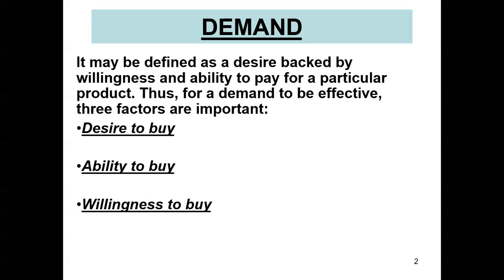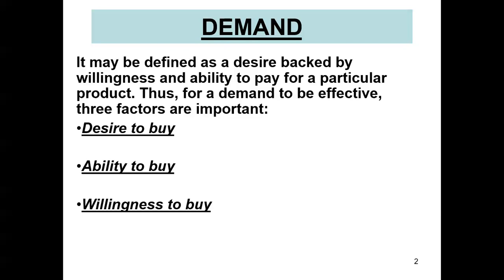You should be in a position to buy. You should be able to buy, means your purchasing power. So ability to pay the specified price for that particular product, and willingness to buy. So if any product has these three things, that is called demand for that particular product.